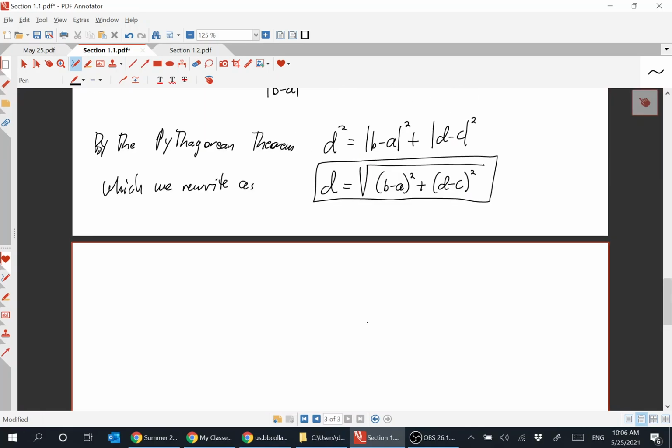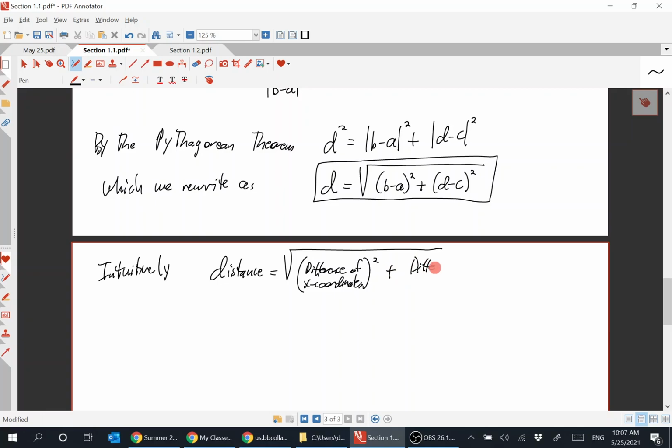Oftentimes, the distance formula is thought of like this. So intuitively, distance is equal to the square root of the change in x coordinates squared, plus the difference of y coordinates squared.